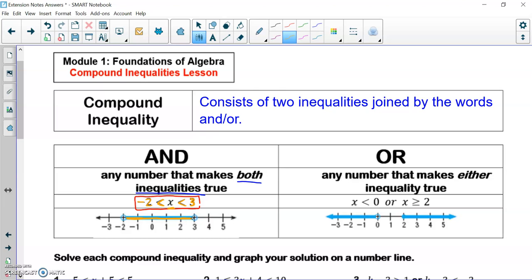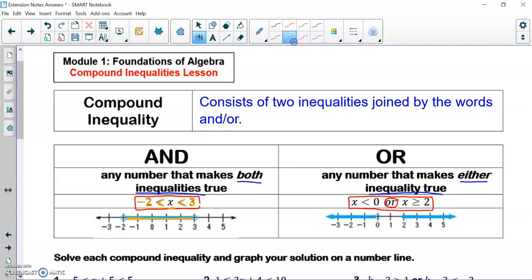An or compound inequality is when your solution is a number that makes either inequality true. So you will see an or inequality solution look like this. It's just two inequalities with the word or in between them.